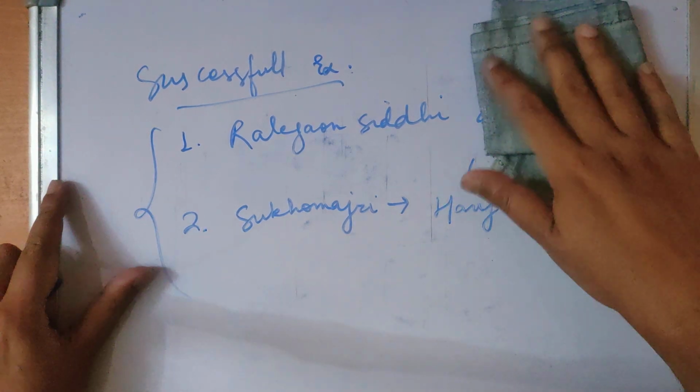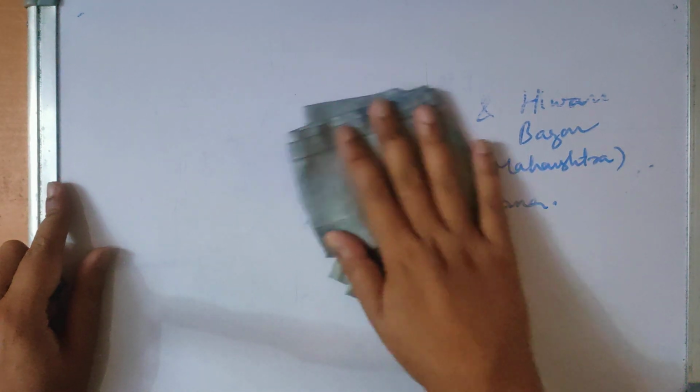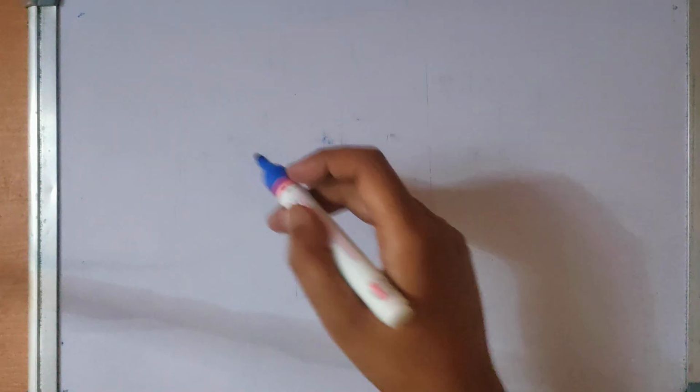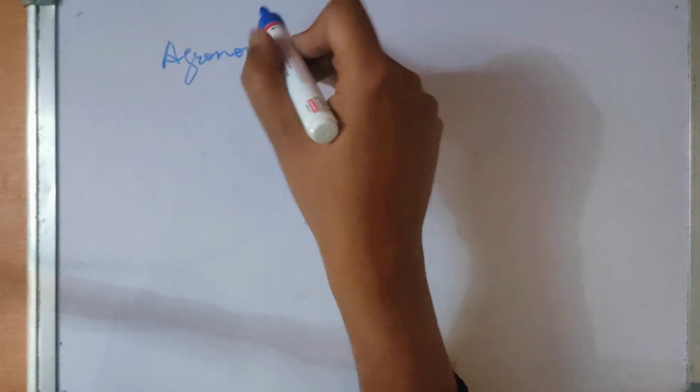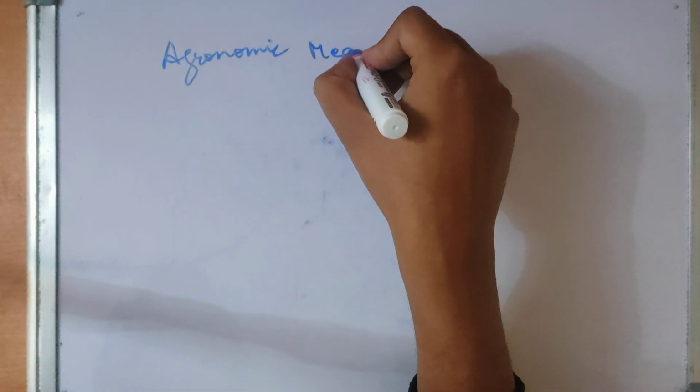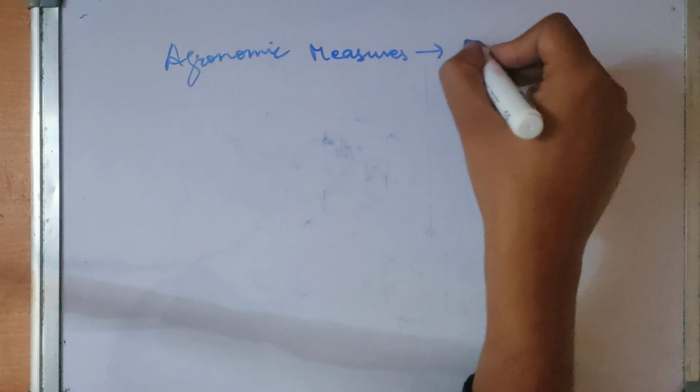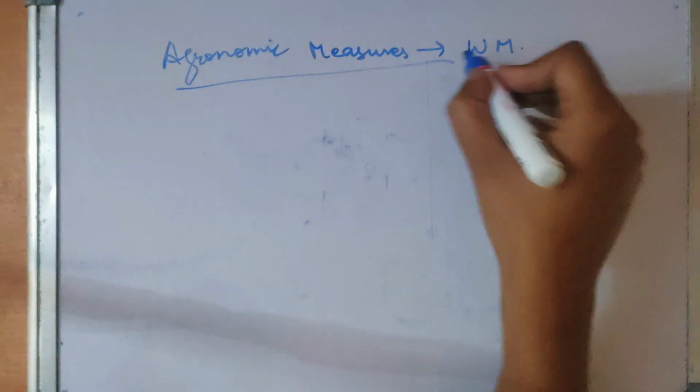Now, one question was asked in a previous year. We need to discuss it here. What are the agronomic measures of watershed management?